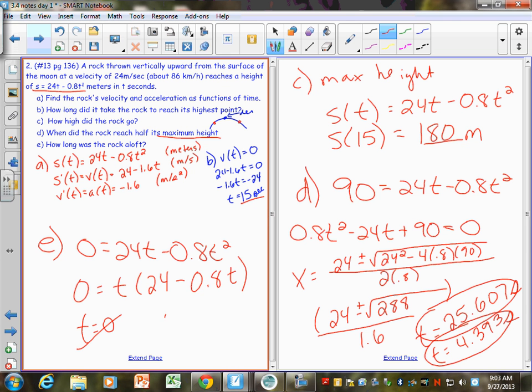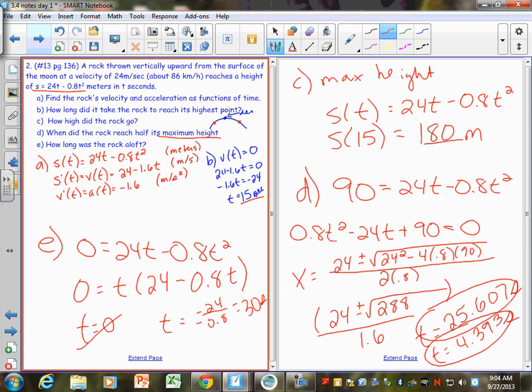And then on this one, you're going to get t equals negative 24 divided by negative 0.8. And I think I got 30 seconds. Is that right? Which does kind of make sense, I think.